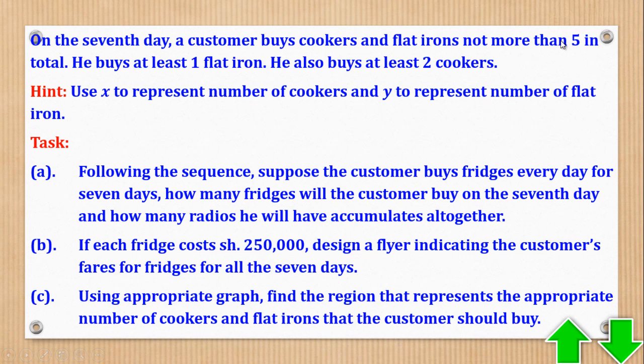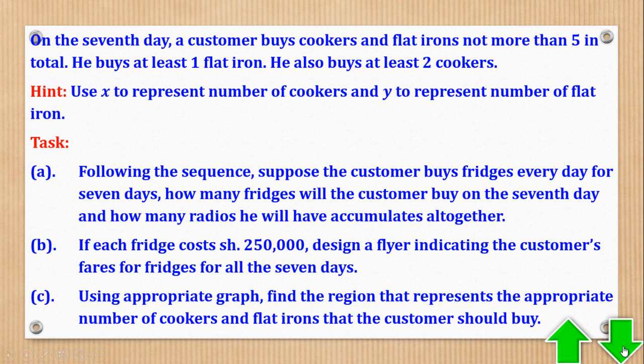So when you add the number of cookers bought and the number of flat irons bought, they should be 5 or less. Then he also buys at least 1 flat iron, so the flat iron should be 1 or more. He also buys at least 2 cookers, so the cookers should be 2 or more.